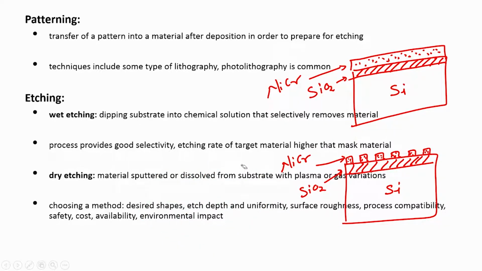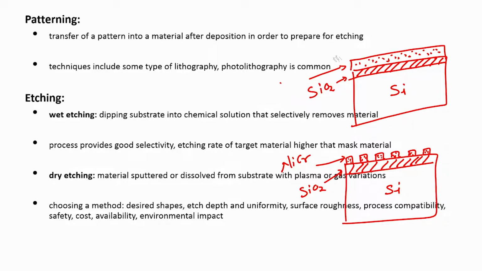What is patterning? Patterning is transfer of pattern into material after deposition in order to prepare for etching. Transfer of pattern. So, we will see what kind of patterning techniques are there. There are several ways of patterning it, but the most commonly used is photolithography, right.